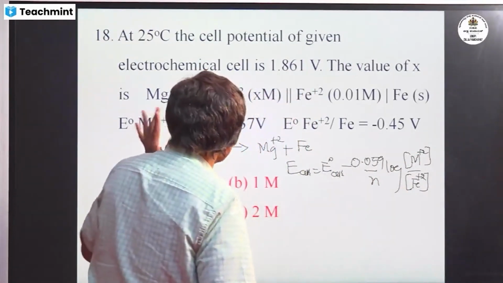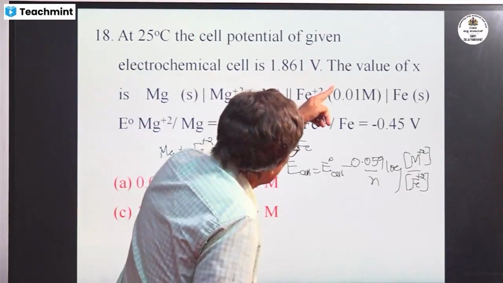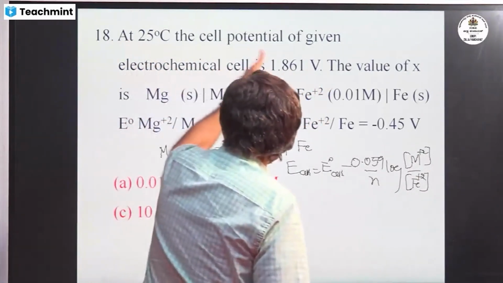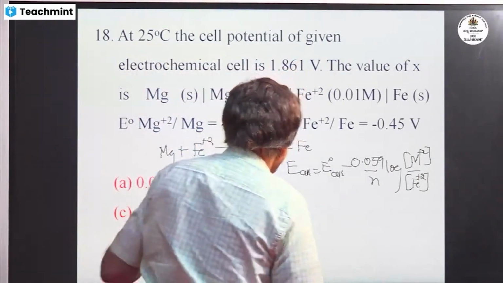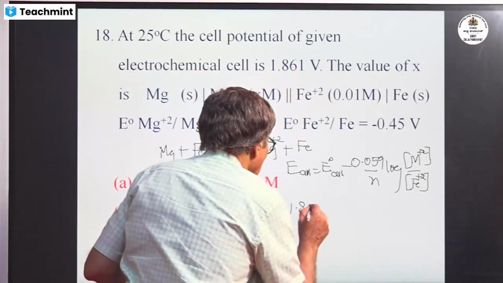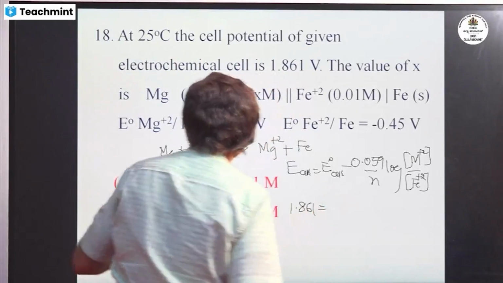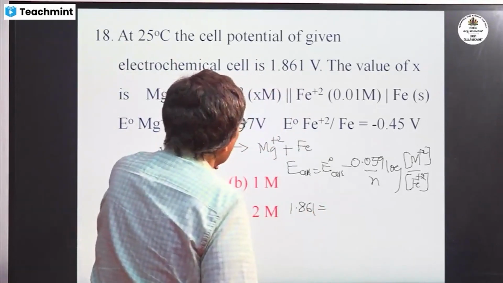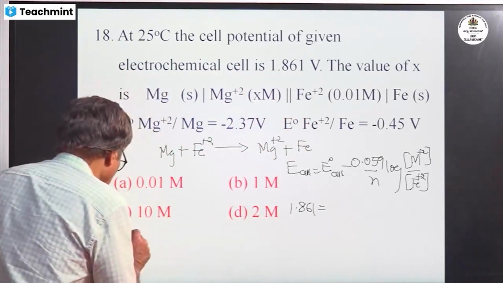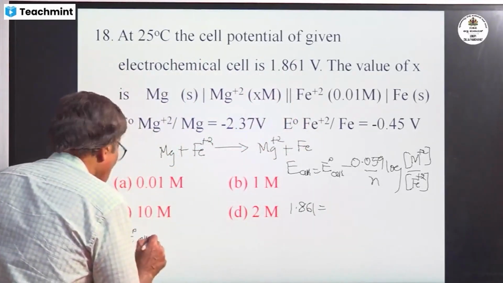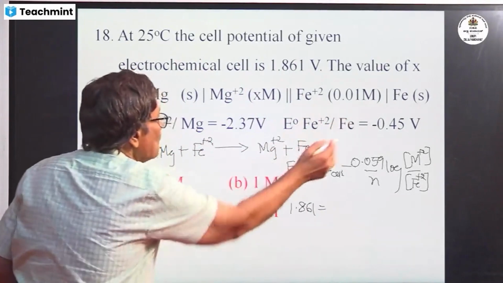What they have given there? The potential of given electrochemical cell is 1.861. 1.861 is equal to E naught of the cell. How will you calculate E naught of the cell? Higher value minus lower value. Higher value is minus 0.45.